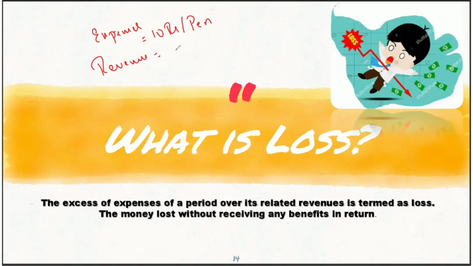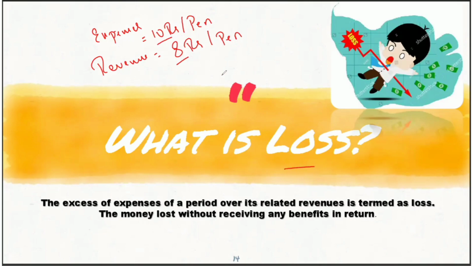He sold the pen for 8 rupees per pen. Now what happened? The total cost to manufacture that pen was 10 rupees, but he sold it in the market for 8 rupees. Is it not a loss for him? He got a loss because expenses are more than the revenue, right? That we call a loss.